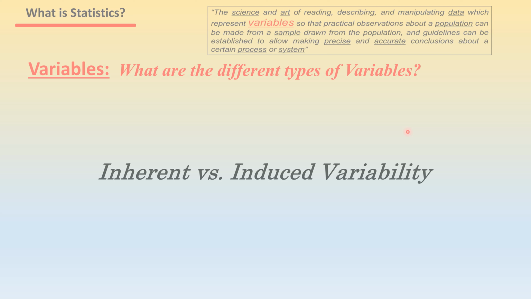But if somebody is doing something to his face, or somebody is doing some kind of Botox or change in how they look, that will be an induced variability. So you need to understand first that variability can be inherent or it can be induced. Okay?